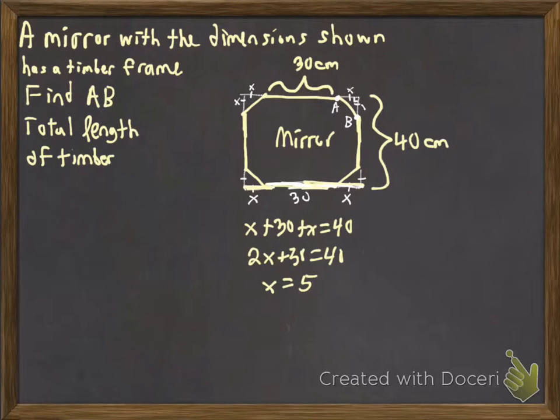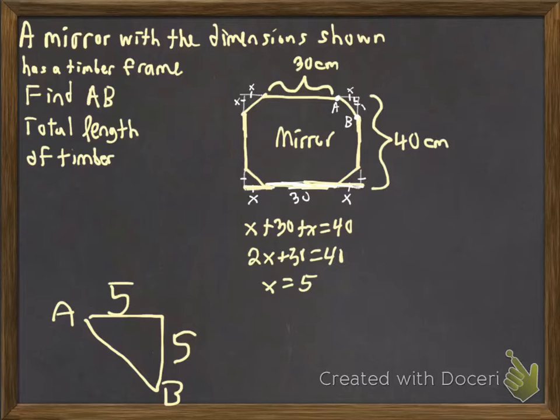So now we know what x is. We can use the Pythagorean theorem to find AB. Let's go ahead and do that real quick. We have that small triangle. This is 5, this is 5, and this is my A, and that's my B. Pythagorean theorem time. 5 squared plus 5 squared equals 50.